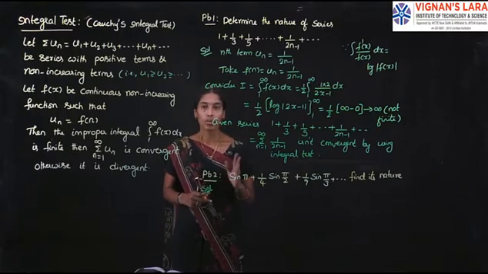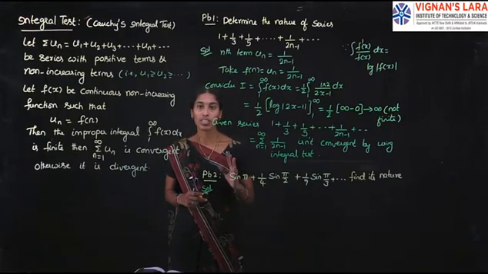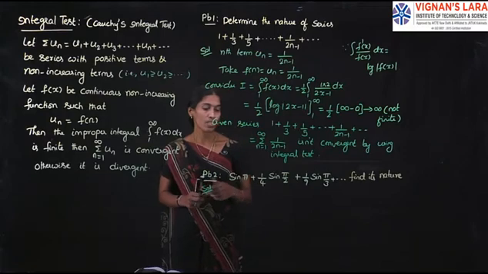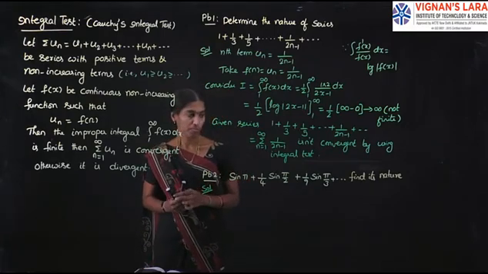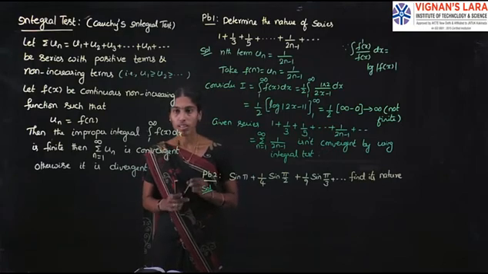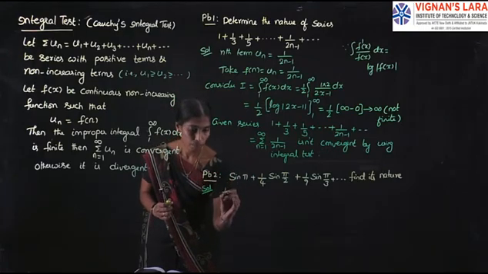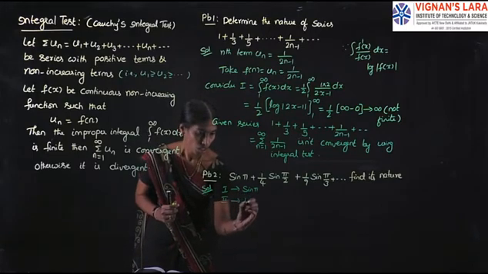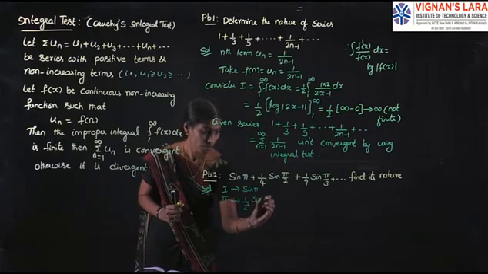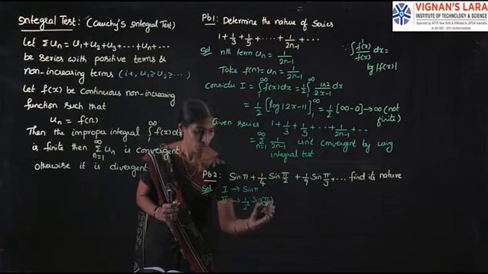So first we have to express this in terms of generalized form. What is the first term? Sin pi. So first term is sin pi. Second term is 1 by 4. 4 can be written as 2 square sin pi by 2.